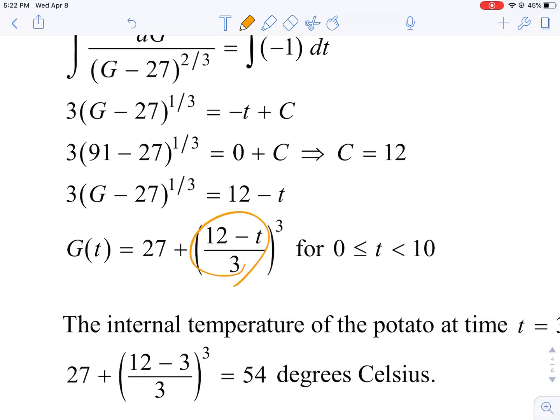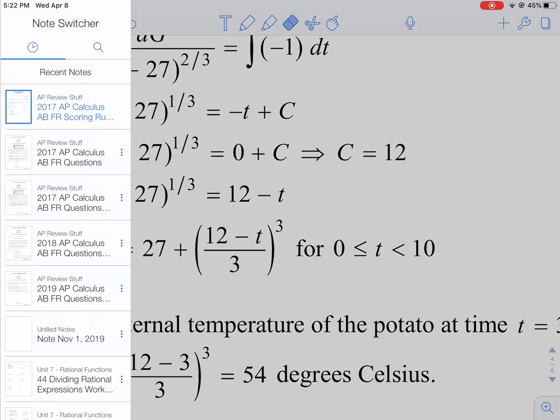Notice, though, I have all those being opposite signs, and they found a c value of 12. That's just because they left the negative on the side with t to begin with. If you see right here, a negative 1. Either way, it doesn't matter. You can get c equals negative 12. Since all my things are opposite here, I have t minus 12 over negative 3. Remember, for a fraction, that's actually the same thing.